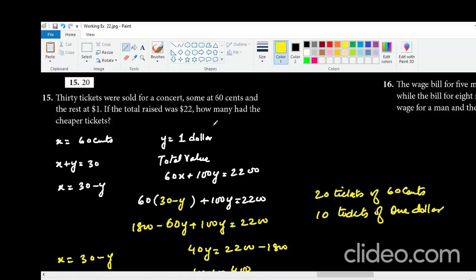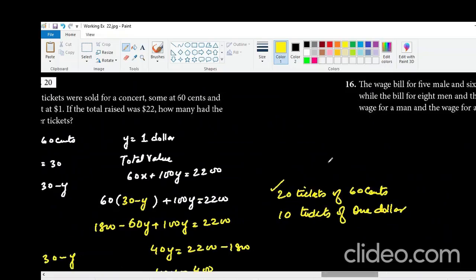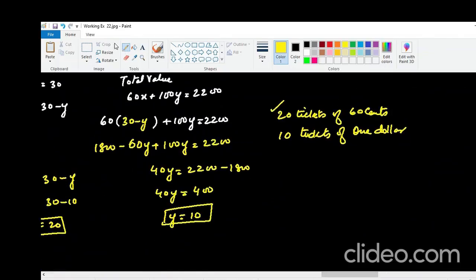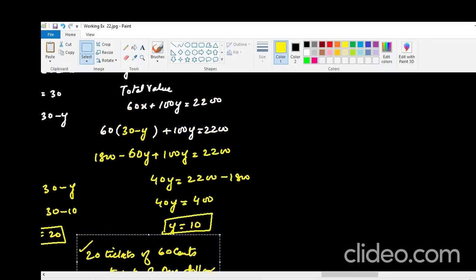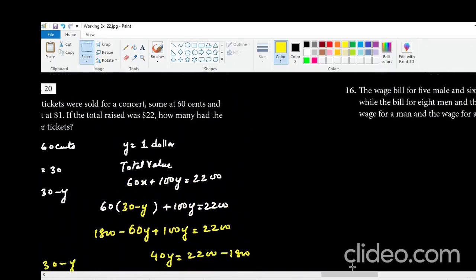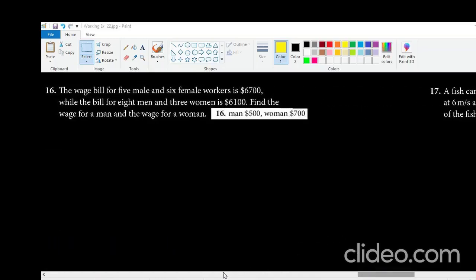Now moving on to question number 16. I will bring this a little down below. Question number 16 is about a wage bill, wage that you can say a salary. The salary bill for 5 male and 6 female workers is 6,700, while the bill for 8 men and 3 women is 6,100.